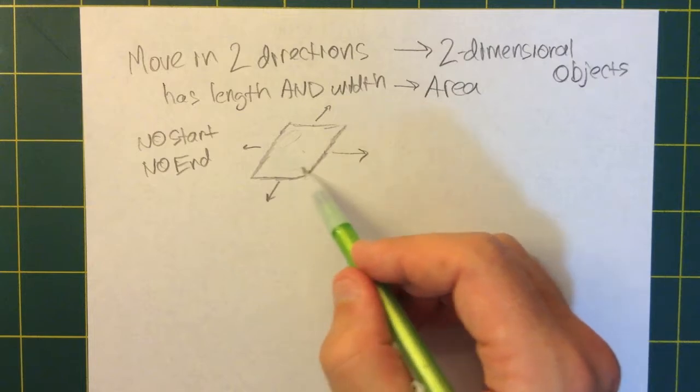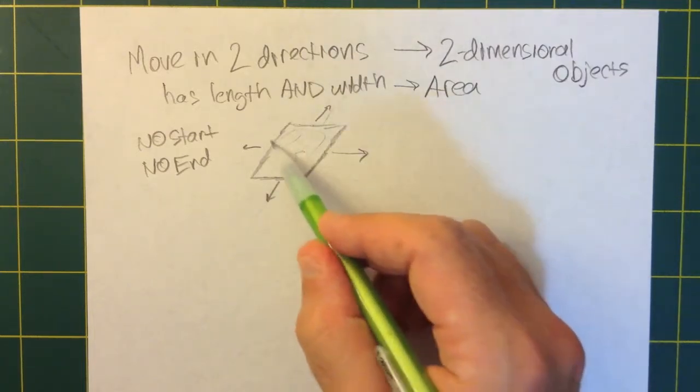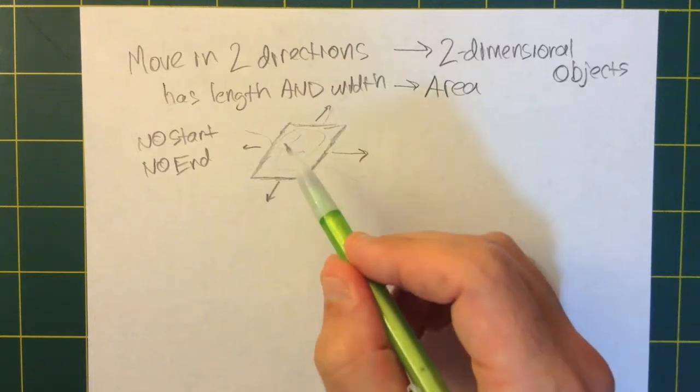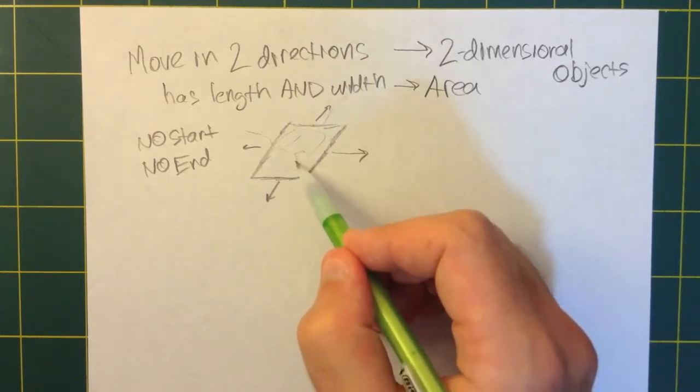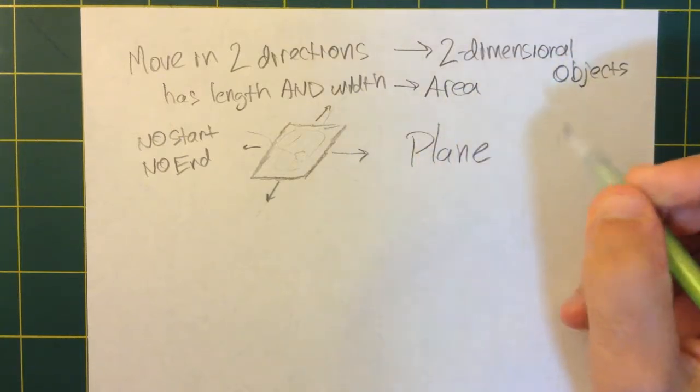You can move anywhere in here, and you can keep going this way and that way, but you can't move up or down through the page. One of these is called a plane.